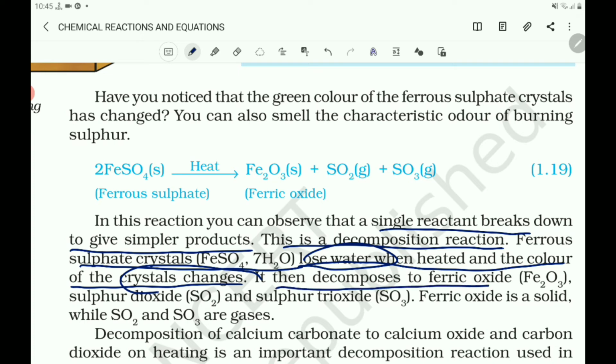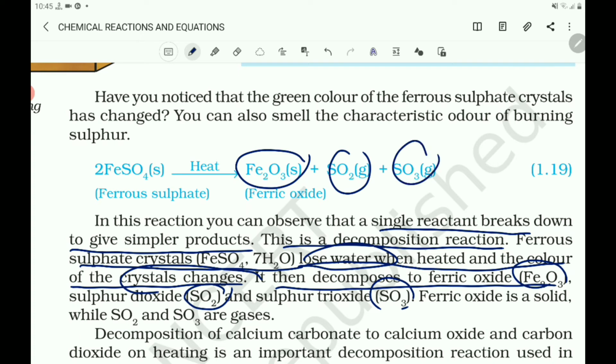It decomposes to 3 products: ferric oxide Fe2O3, sulfur dioxide and sulfur trioxide. This ferric oxide Fe2O3 is a brownish solid, and SO2 and SO3 are the gases. So this is the decomposition chemical reaction.